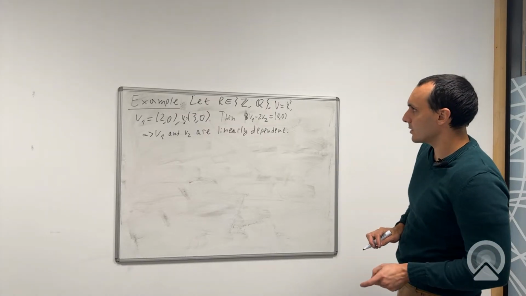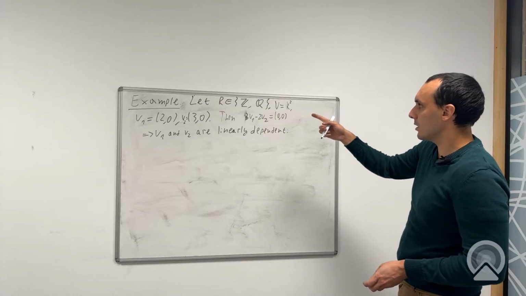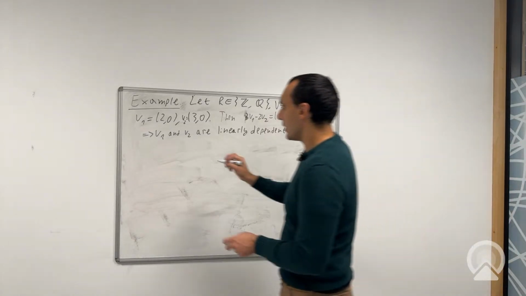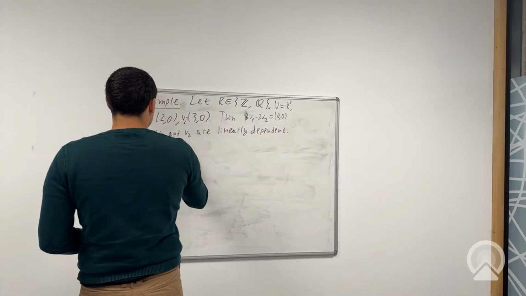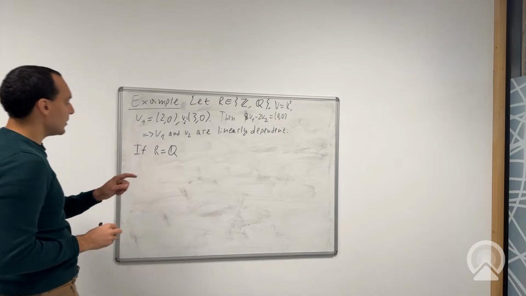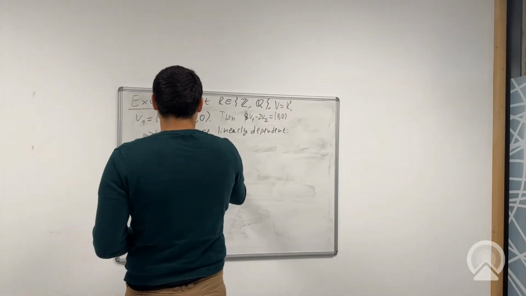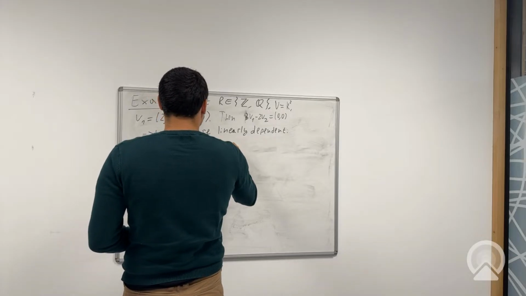However, there is a difference whether we work on integers or rational numbers. If you work on rational numbers, if R equals Q, then one of them can be expressed by the other. So V1 is minus 2/3 of V2.